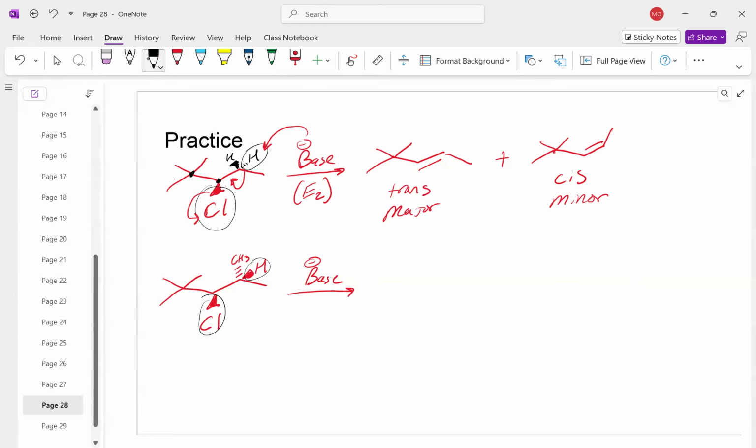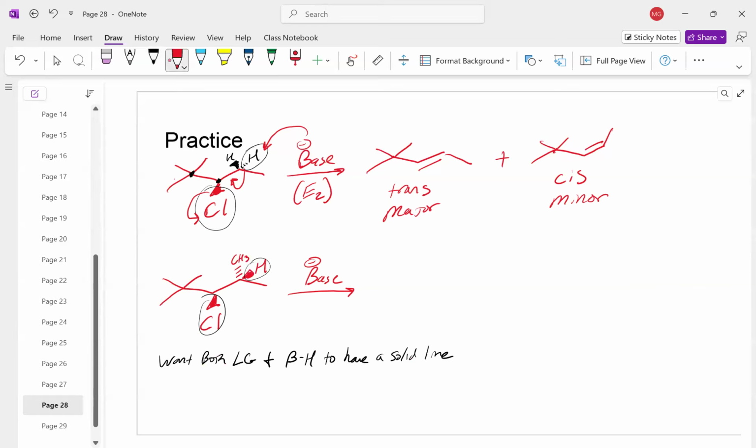So I need to start doing some rotating. The best way to handle these is you want both the leaving group and the beta hydrogen you're pulling off to have a regular solid line bond, not a wedge. So I'm going to have to do some rotating here.